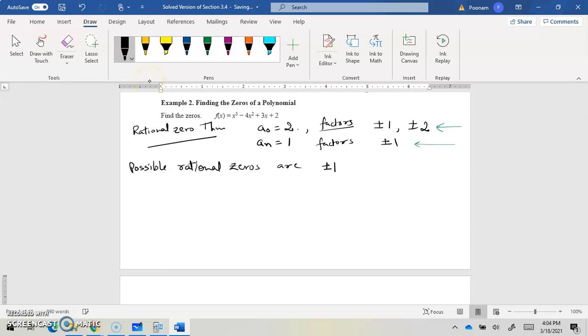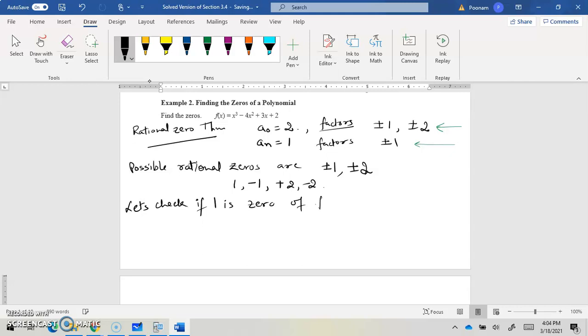Plus minus 1 by 1, which will be plus minus 1, plus minus 2 by 1, which will be plus minus 2. They are the only two possibilities. So the possibilities are 1 or negative 1 or 2 or negative 2. Let's check if 1 is a zero of f of x.